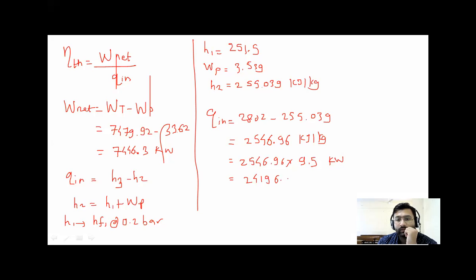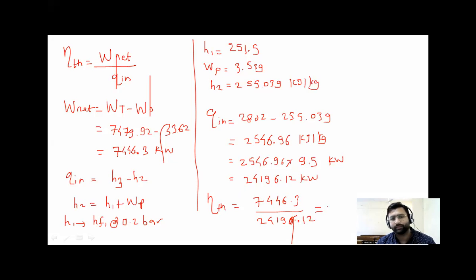Or you can say 24 megawatt. So thermal efficiency will be equal to 7446.3 divided by 24,196.12.